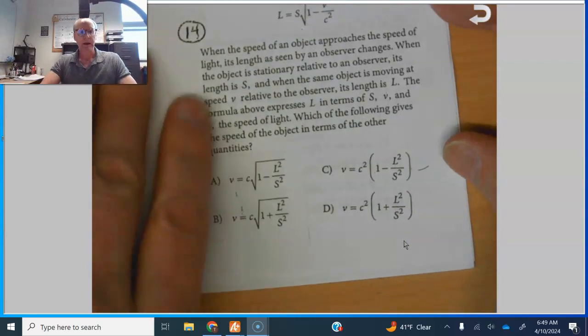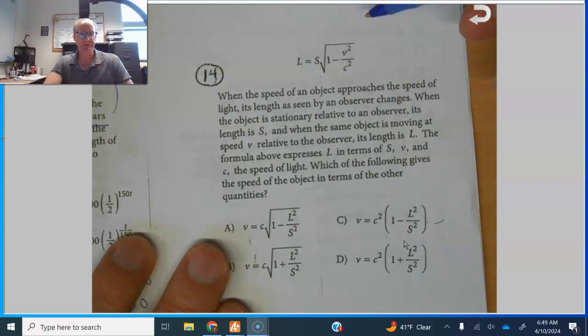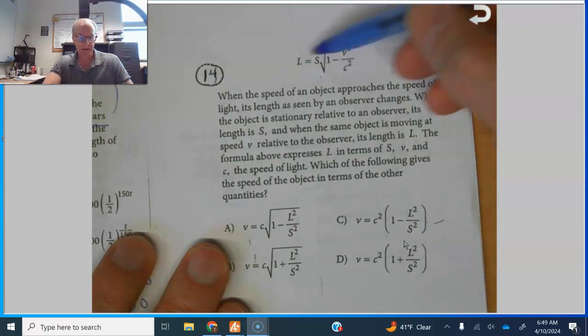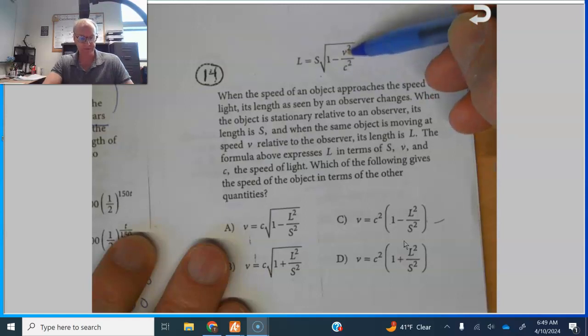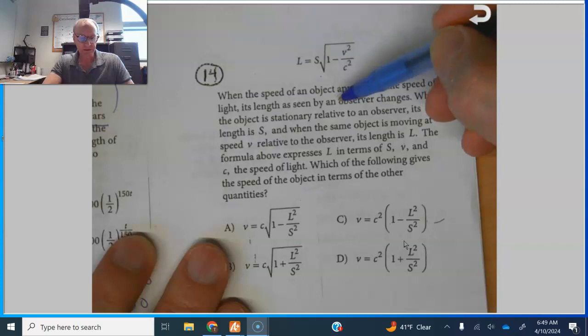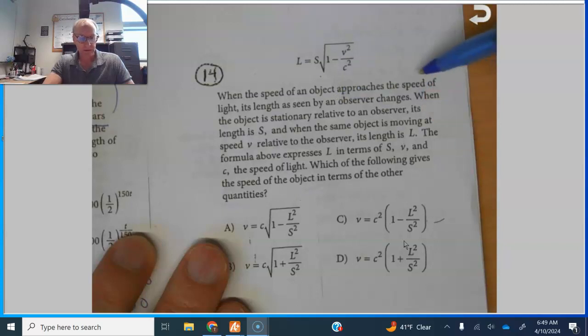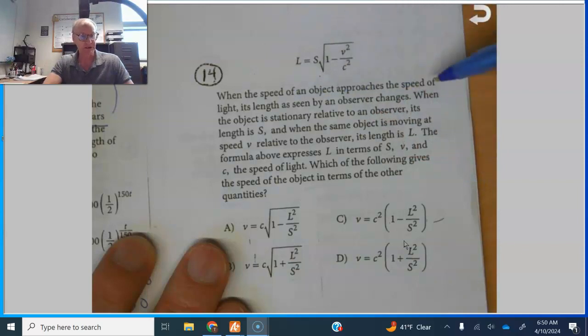All right, last one. Number 14. We have an equation. It says the speed of an object approaches the speed of light. C is the speed of light, and V is the velocity of the object, I assume. As the object approaches the speed of light, the length as seen by the observer changes.